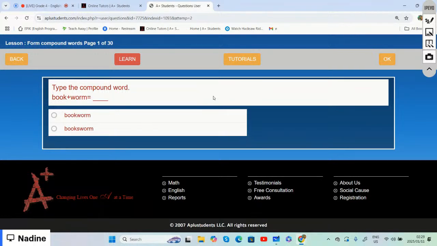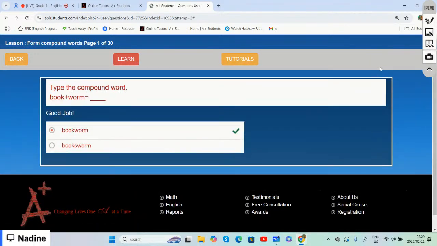And if we were to type the correct compound word, then we can say option one, a bookworm. Well done. Option one is correct.